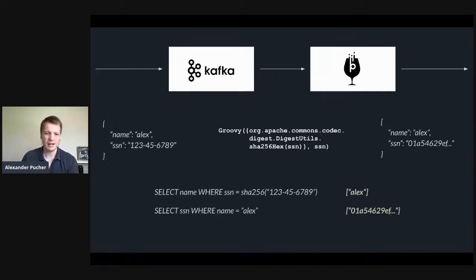So if I have this very truncated SQL statement, right, where I say, hey, I want to select the name where the SSN equals some value, I can still use it to essentially extract information if I know the obfuscated data. But the other way around, I cannot accidentally extract the SSN just by providing a name. So this is, I mean, a very simple example, right, of how data obfuscation could work in Pinot.